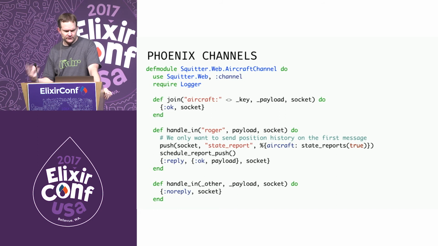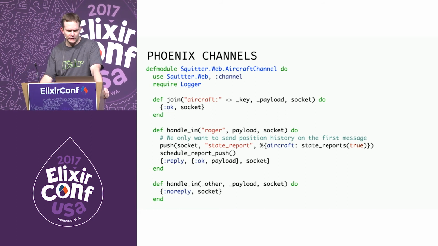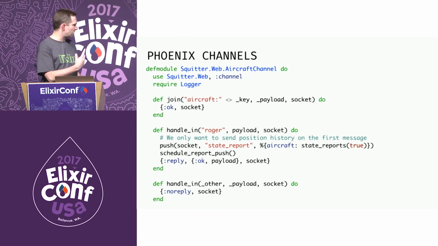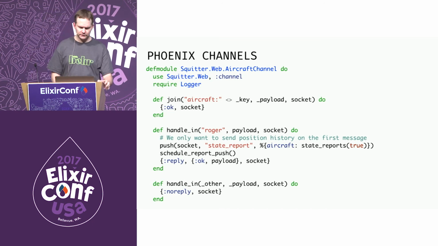The first one needs to have all the historical trackways built up too, so we don't want to send that every time. If you see where I have state reports and then true, I'm telling it to also include the position history. For all the subsequent requests, that flag is left out so that we just get the current position. I call it the schedule report push function.